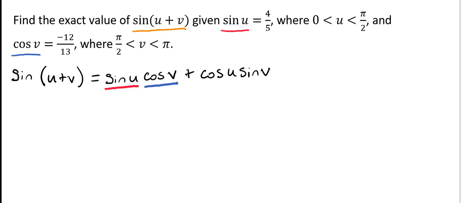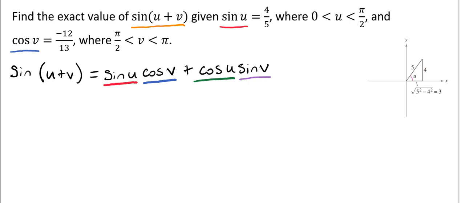Now in order to find our cosine of u and our sine of v, we're going to need to look at the triangles that are created in those first and second quadrants. So let's look at that first quadrant. So looking in the first quadrant and knowing that the sine of u equals 4/5, we can create the following triangle that has a vertical rise of 4 and has a hypotenuse of 5.